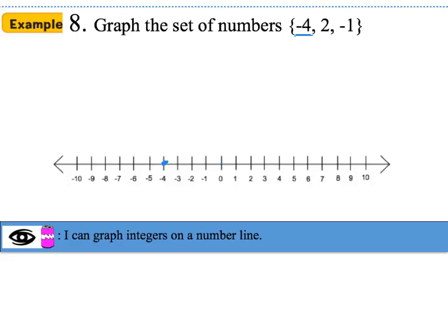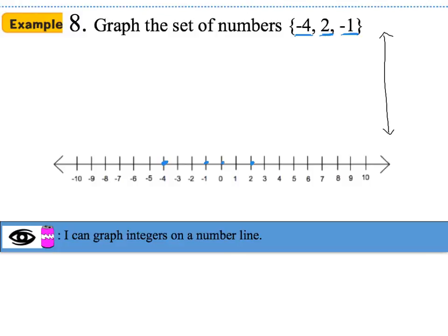Our second integer is positive 2. Since it's positive, it should go on the right hand side of 0. Here's positive 2 right here. And our last integer is negative 1. So if I'm at 0 here, it's on the left hand side of 0 right here.